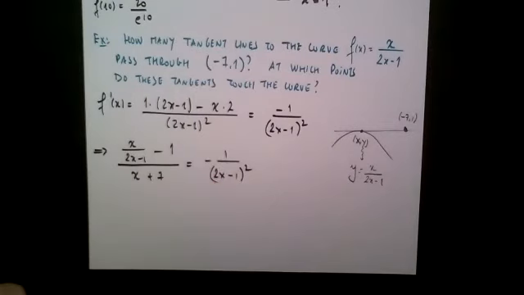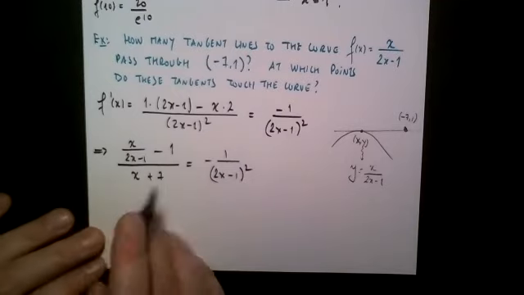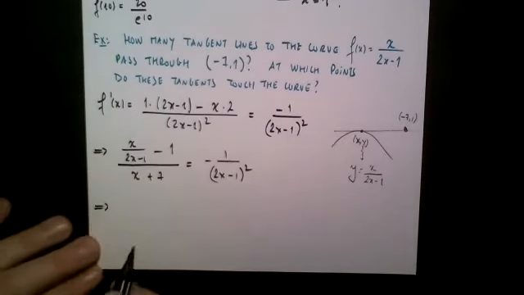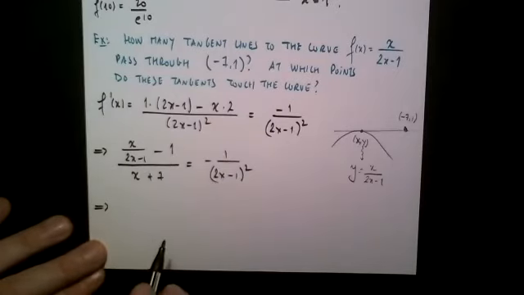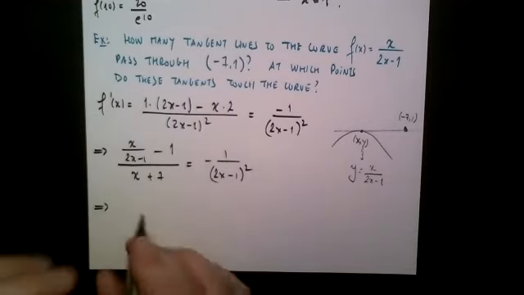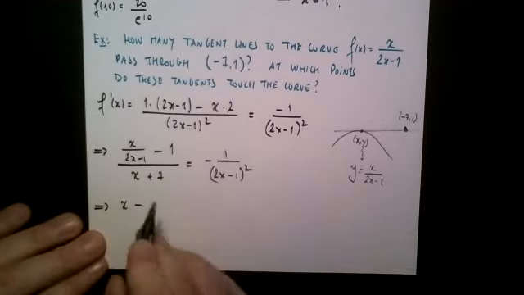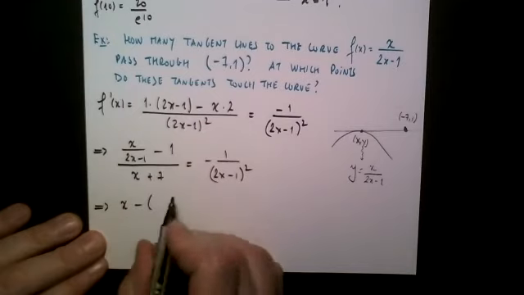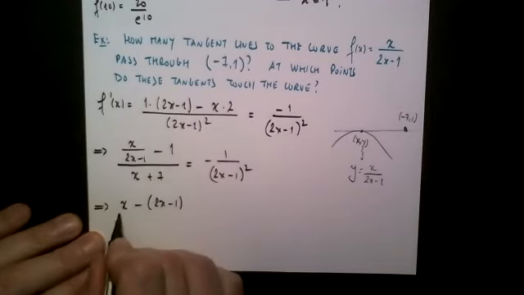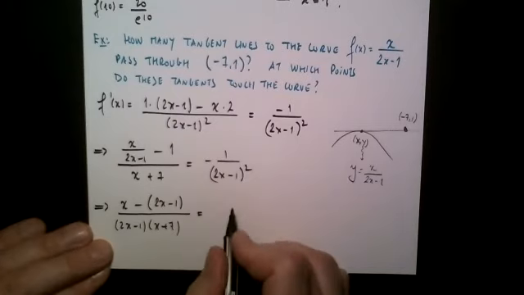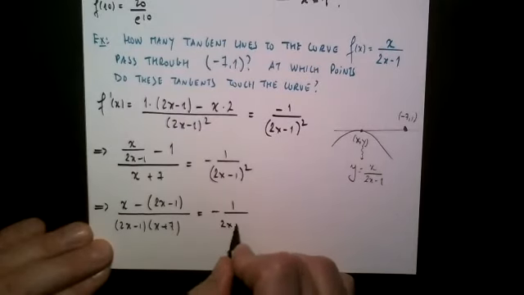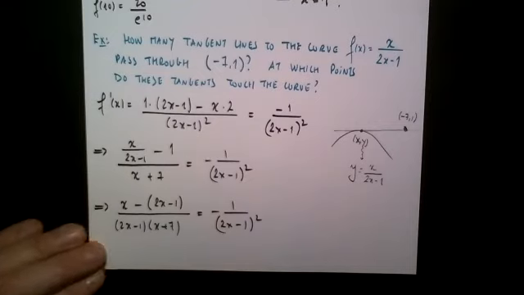This is the equation that I need to solve in order to find all the values of x. I'm going to skip a few steps because this is just basic algebra. So here we'll have x minus, and I'm going to find the common denominator here. So 2x minus 1 over, and this 2x minus 1 goes on the bottom, 2x minus 1, x plus 7 equals -1 over 2x minus 1 squared.